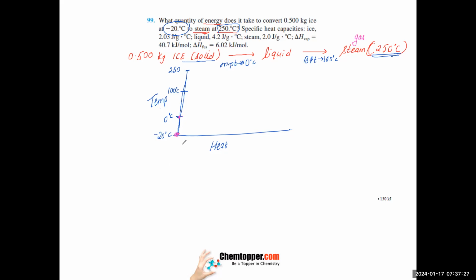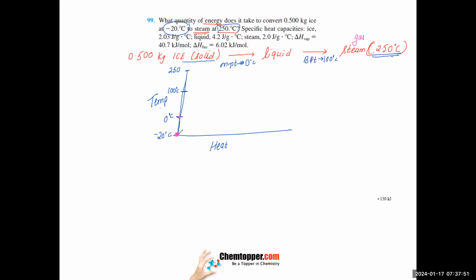You know there are three states of matter around you. So if rather than saying solid, liquid, gas, I say state of matter, then you should understand I'm asking whether the substance is solid, liquid or gas. So minus 20 to 0 is solid.